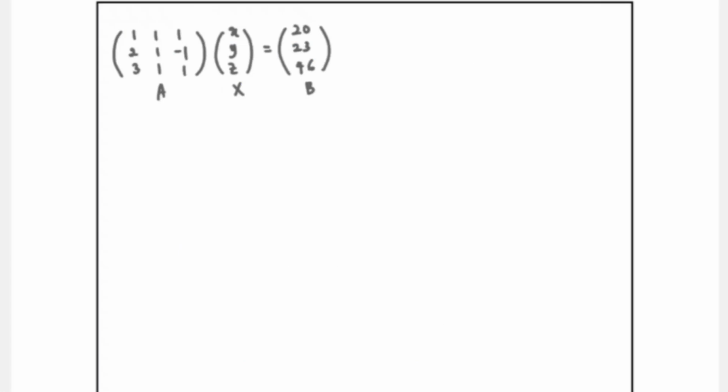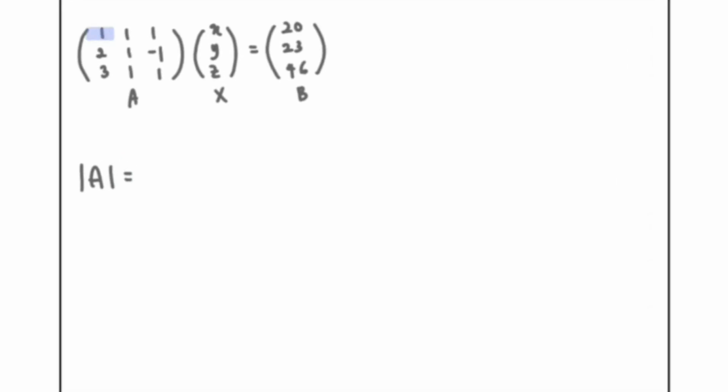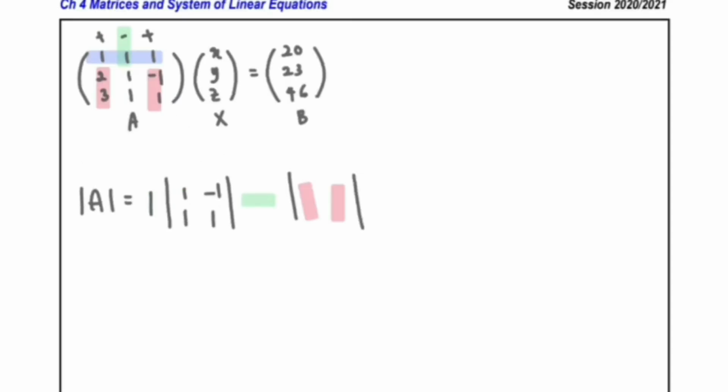So the determinant of A, I'll use the first row right here, and don't forget the sign. This is plus, minus, plus. So we have 1 times the minor with 1, negative 1, 1, 1, and then negative 1 times the minor with 2, negative 1, 3, 1.